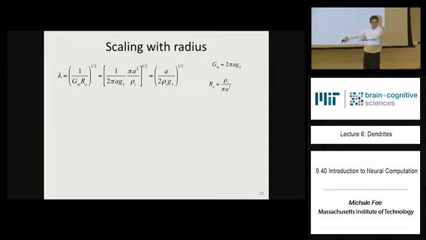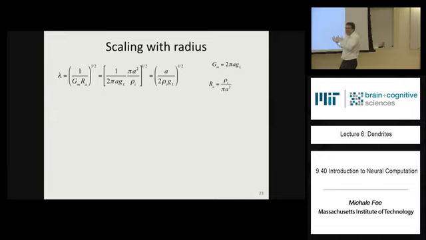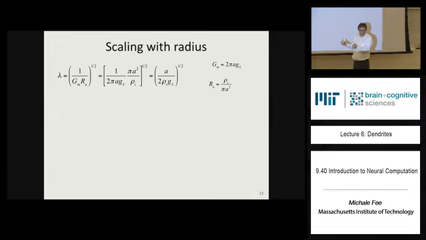Does that make sense? The resistance down the middle is dropping as the square of the radius, but the surface area is only increasing linearly, okay? And so the conductance out the side is growing more slowly, and so the signal can propagate further the bigger the dendrite is, okay?